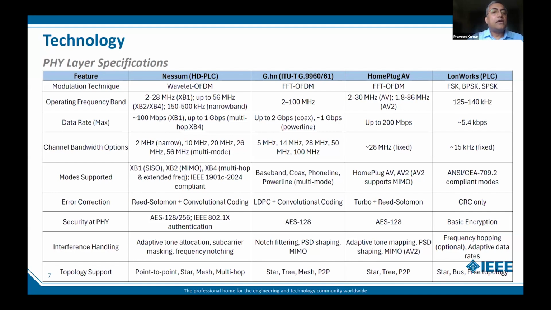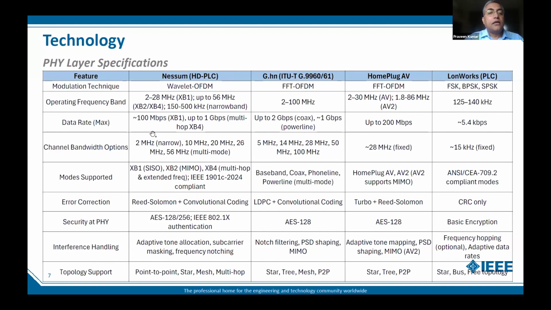So a little bit about its PHY layer specification. It supports wavelet OFDM. In 1901, there are multiple FFT-based OFDM and wavelet. Nessum is based on wavelet OFDM. Then it also supports multiple channels from 2 up to 125 megahertz.